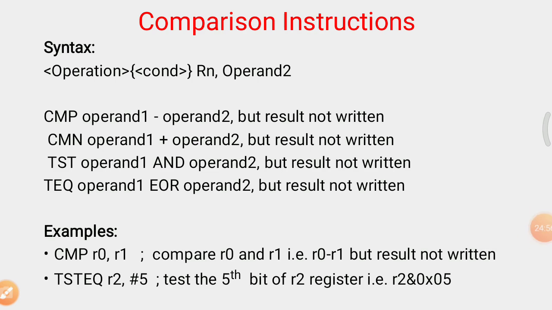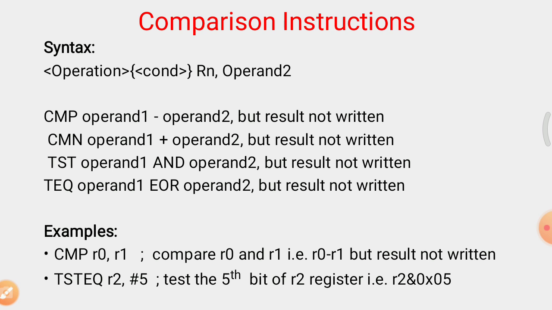Examples: CMP R0, R1. So here compare R0 and R1, that is R0 minus R1, but the result is not stored anywhere, and it updates the flag field, that is NZCV. Then TSTEQ R2, 5.